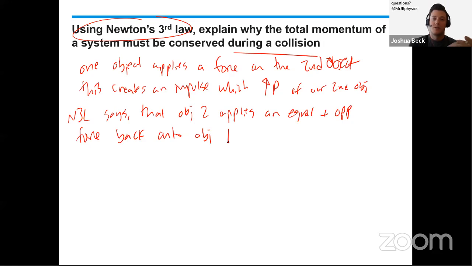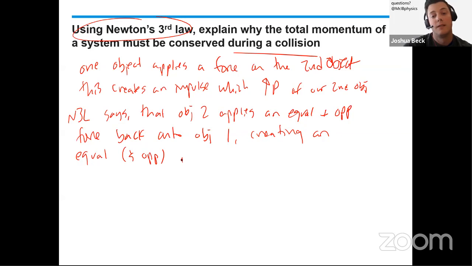We have one force coming from object 1 onto object 2. The reaction force is object 2 then returns an equal force back to object 1. So if it does this, this is actually going to create an equal, an opposite impulse.